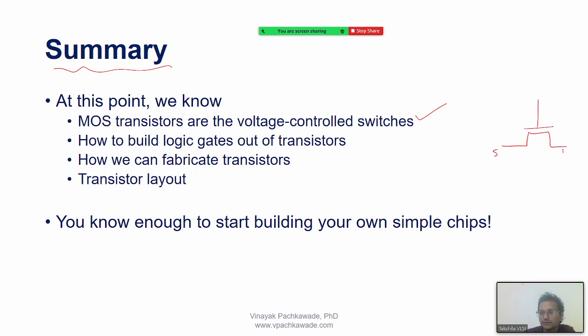Because we are applying voltages on the gate terminals, and we are performing the switching action. So when there is a voltage, the transistor is on. When there is no voltage, the transistor is switched off. So that's why we say that we are controlling this operation with the voltage. That's why they are voltage controlled switches.